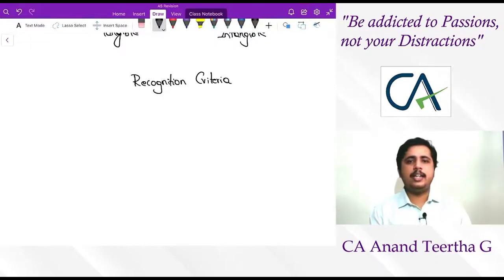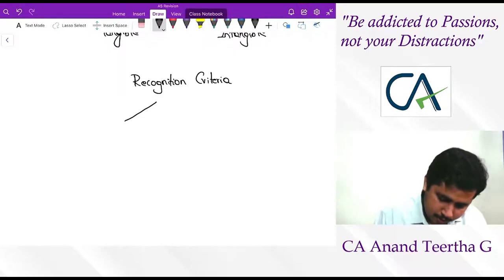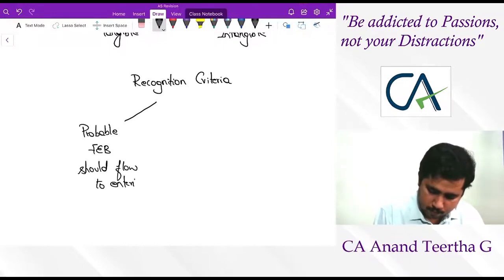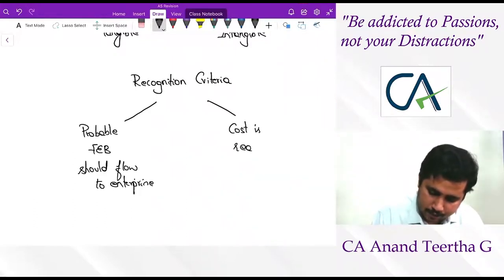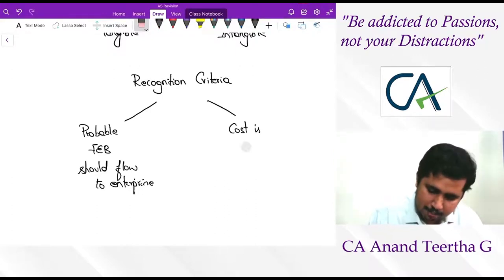For that, we say number one, probable future economic benefit should flow to the enterprise. Second, cost is reliably measured.